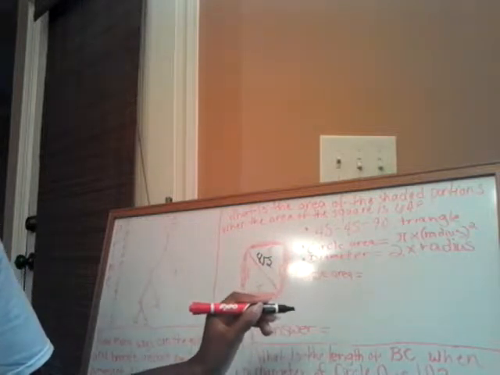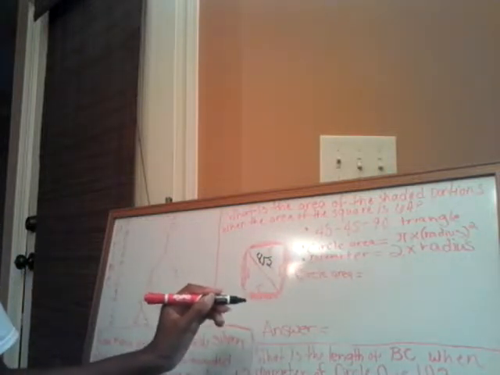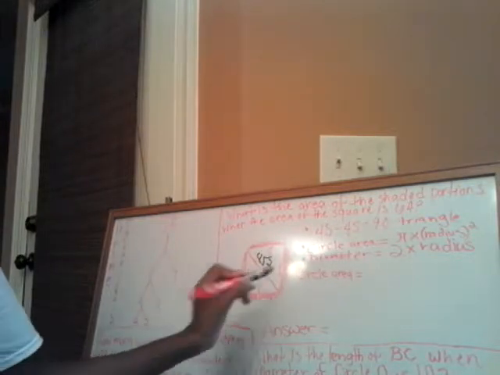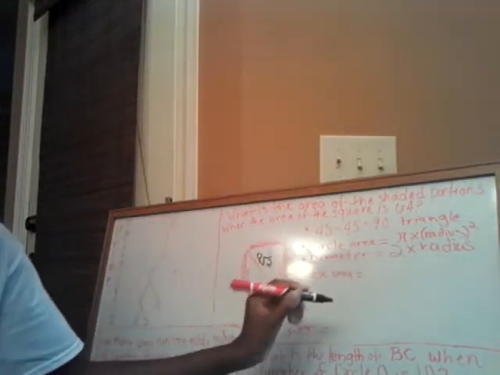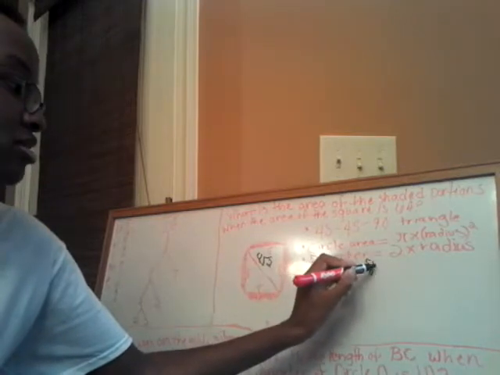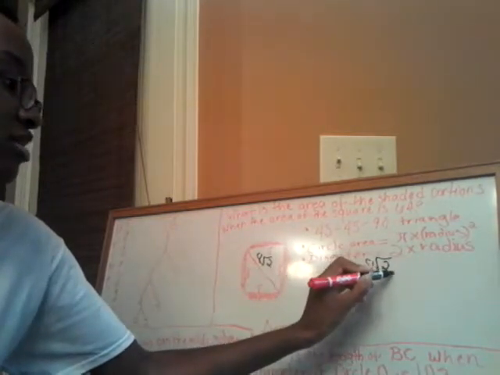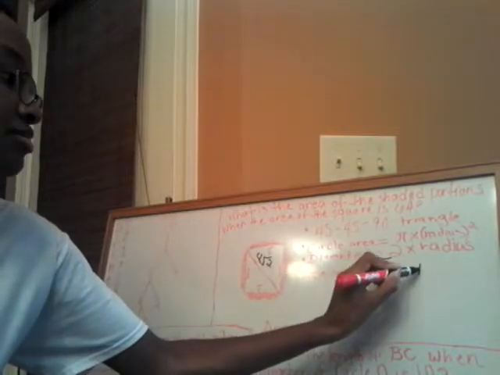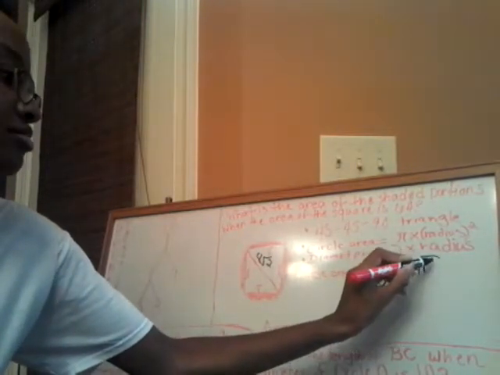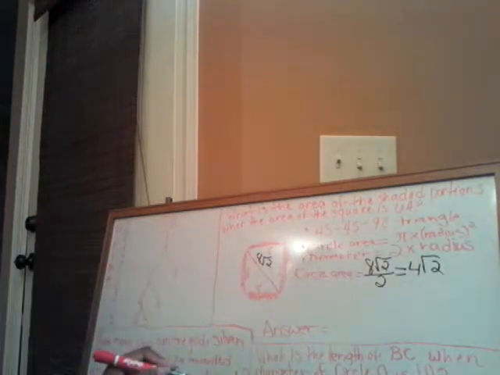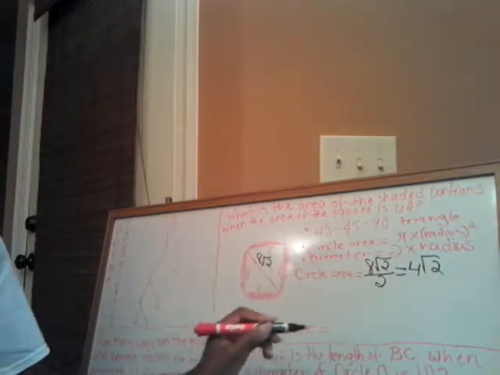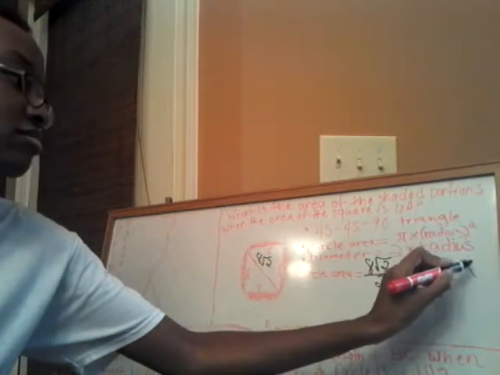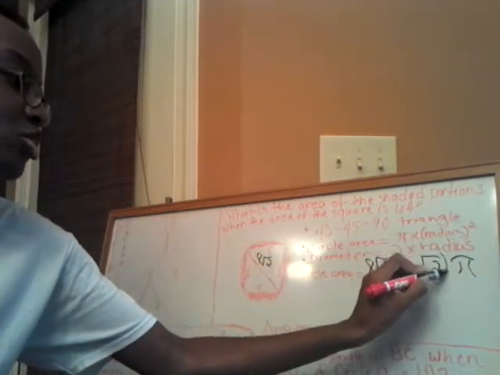Okay, so now we're looking for the circle area, and the first thing we'll need to find is the radius. So we know the radius is actually half of the diameter. So I'm going to write 8 square root 2 divided by 2. That gives me 4 square root of 2. And with the area formula, we also know that there's going to be a pi on the side and that the radius will be squared.